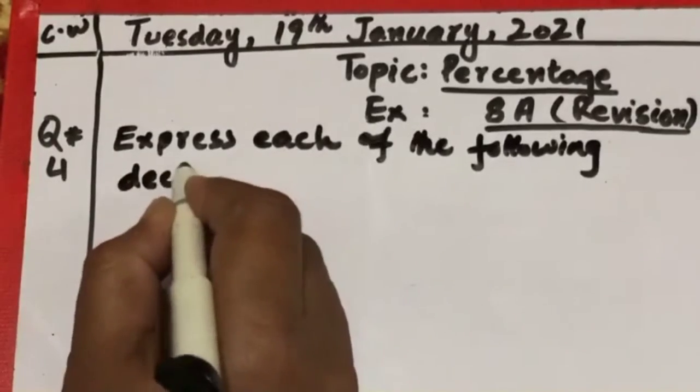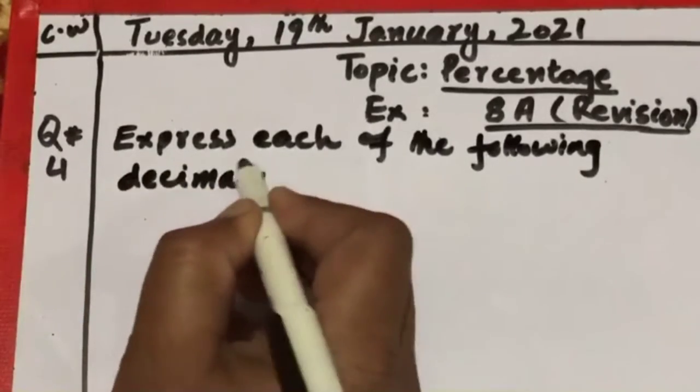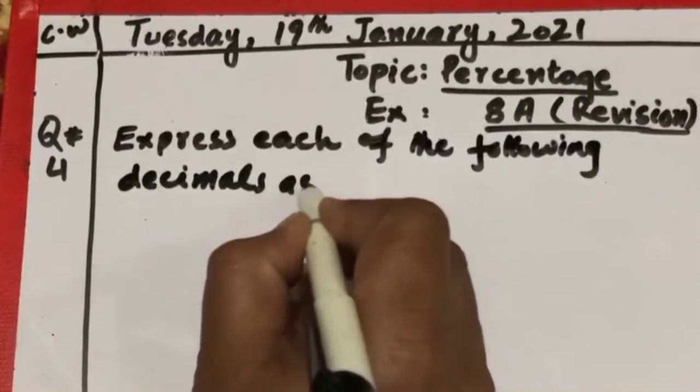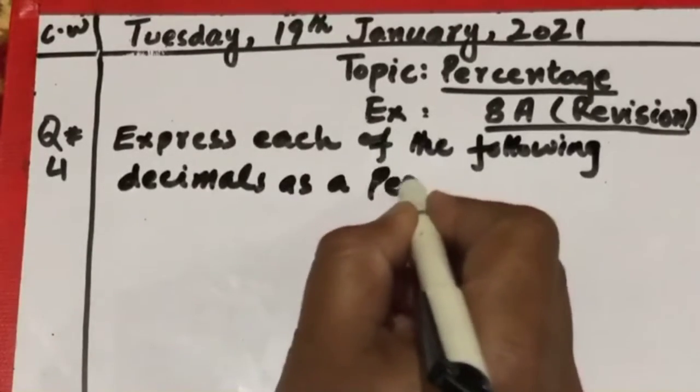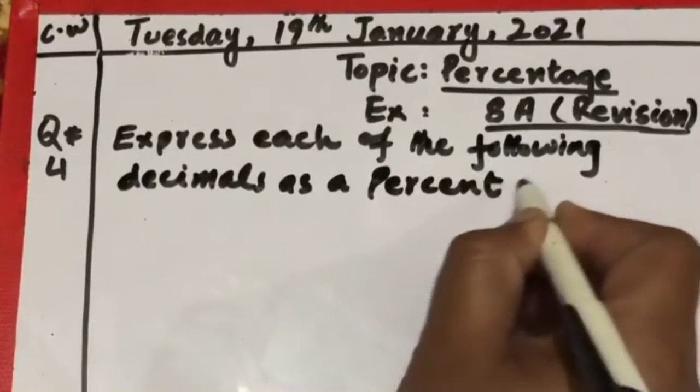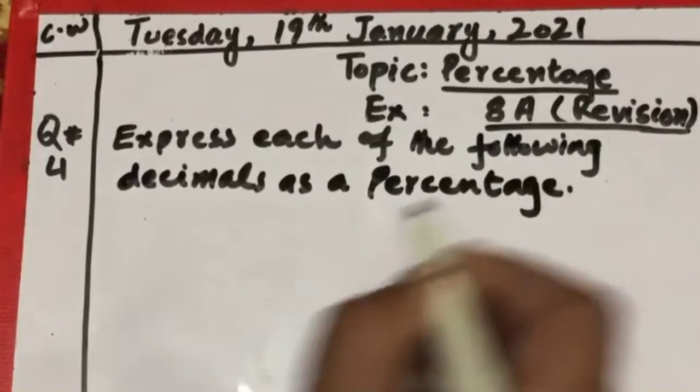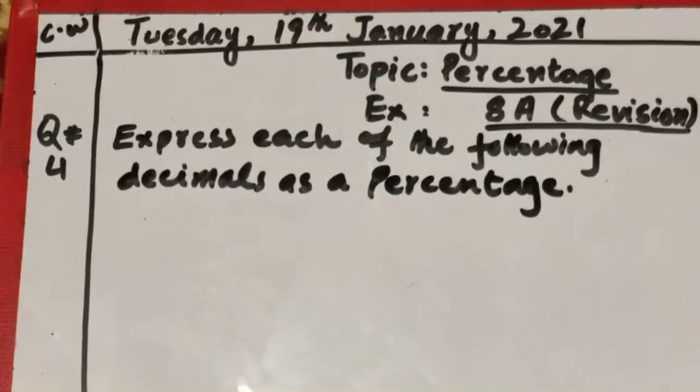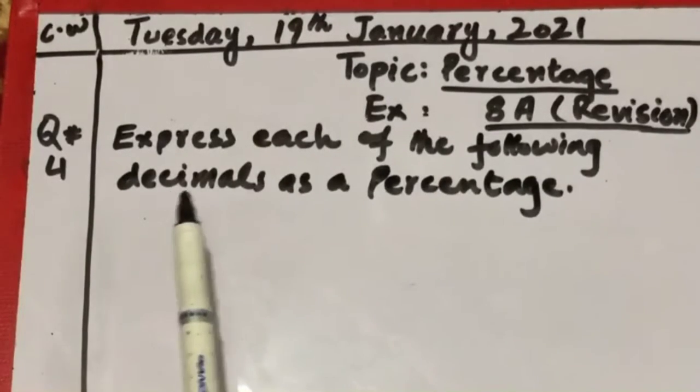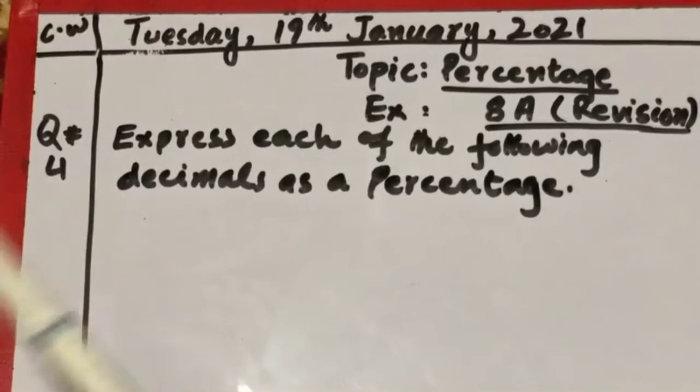So in question number 4, we have to express the following decimal numbers as a percentage. We are going to convert the decimal numbers as a percentage.